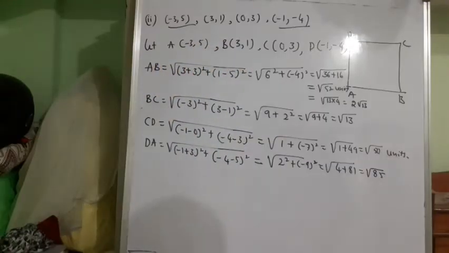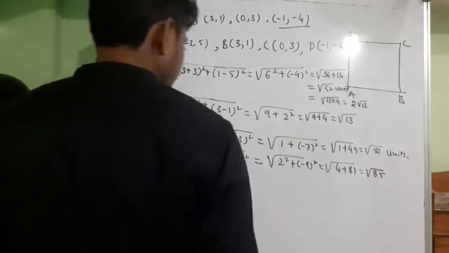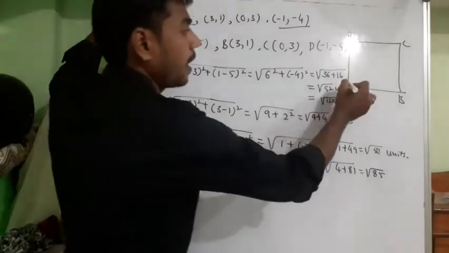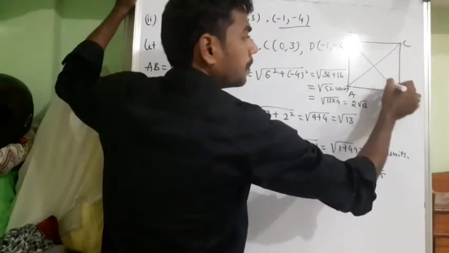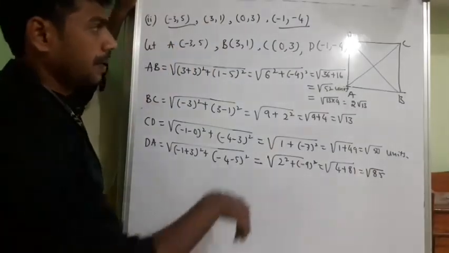So next, we need to find the diagonals. Okay, AC.